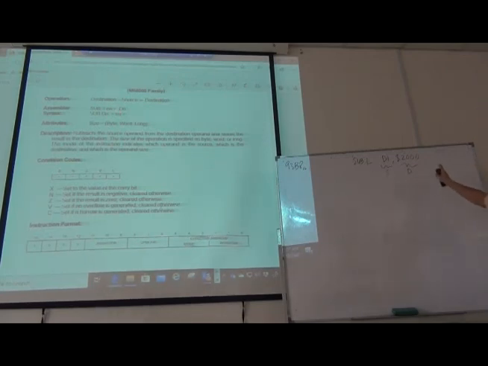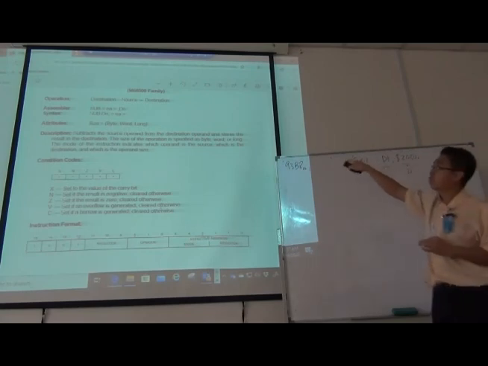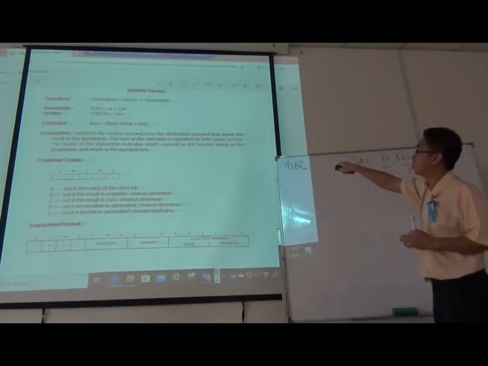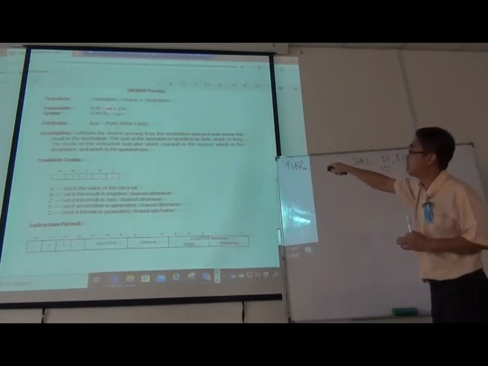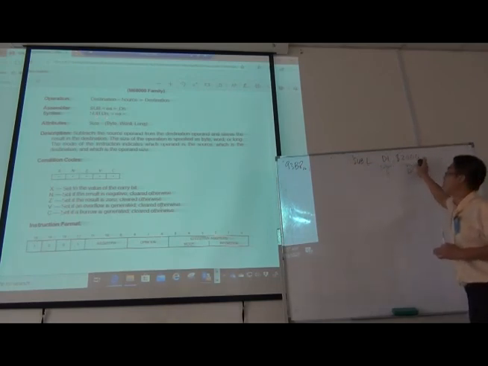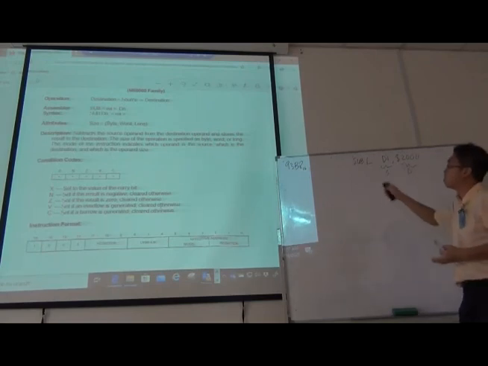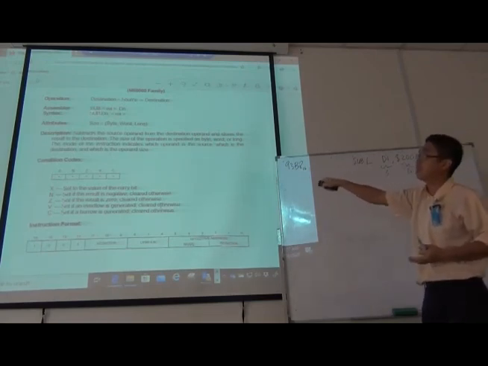Data register now is actually at the source. So this is your destination. Now you have to figure out which one this is. So it should be this one: sub data register to effective address. This is your effective address, and you have to find out where it is. So this is the correct effective address. So you have to choose the second pattern.